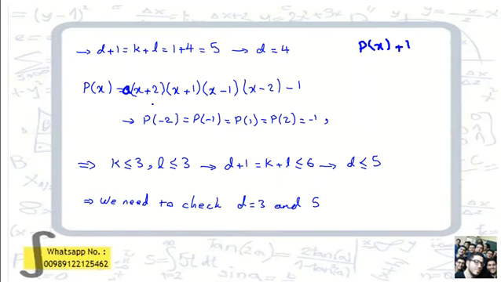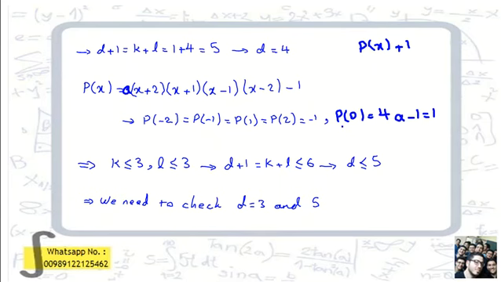So now we want to select a such that p of 0 equals, we said without loss of generality, we can consider that p of 0 is 1. So if you replace, it would be 4a minus 1. You want to say that it equals 1.